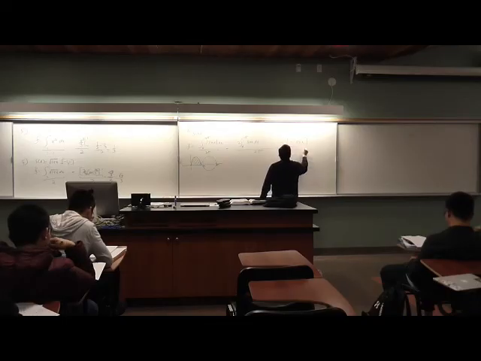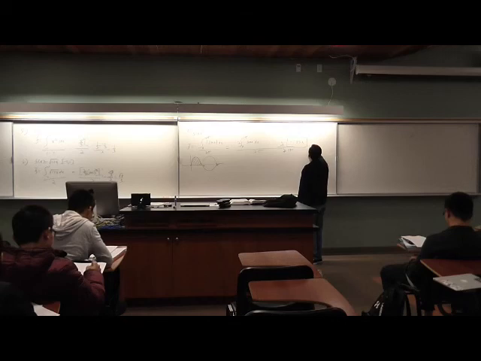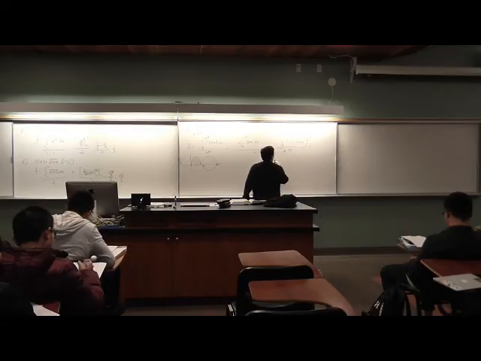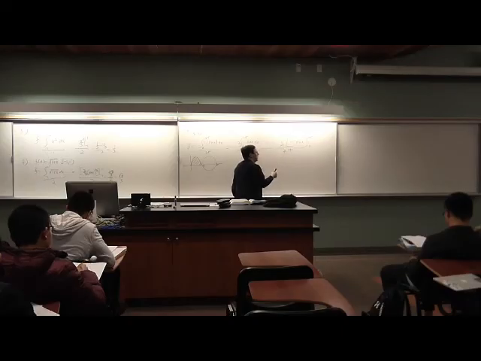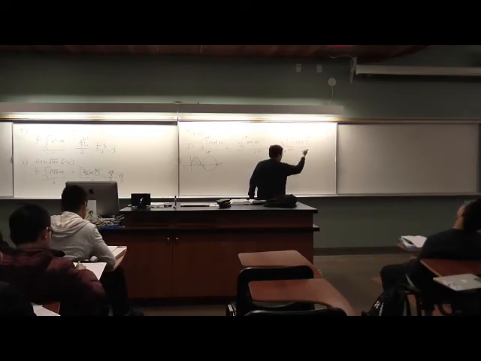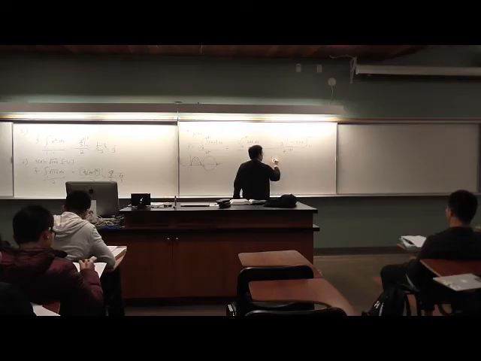We've got 2 out here and a 2 pi. Cancel. And we're just going to go from 0 to pi. So negative cosine of pi. What's the cosine of pi? Negative 1. So the negative of negative 1 is just positive 1.